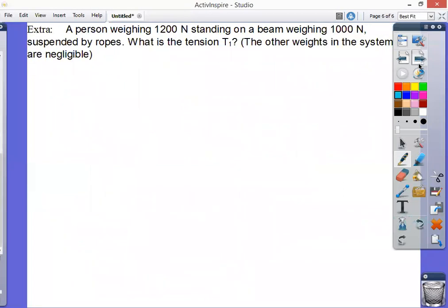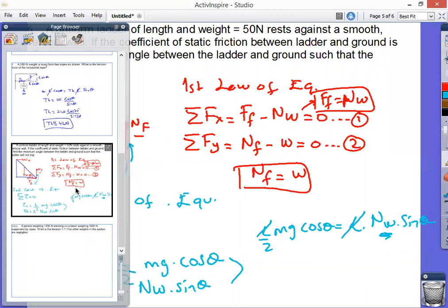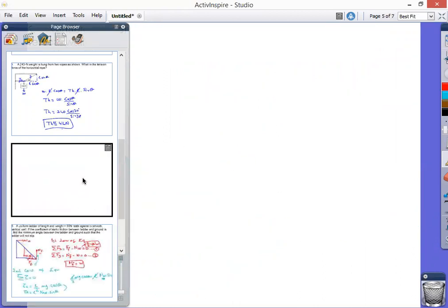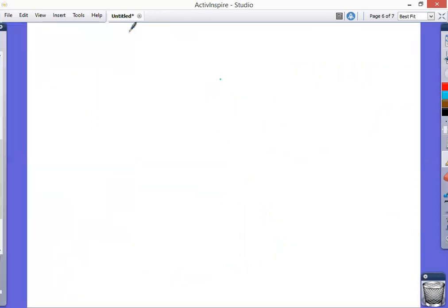So let me write the last equation that we found for the torque part: L over 2 times cos theta times mg equals L times force on the wall times sine theta. Again, the L's are going to simplify themselves.